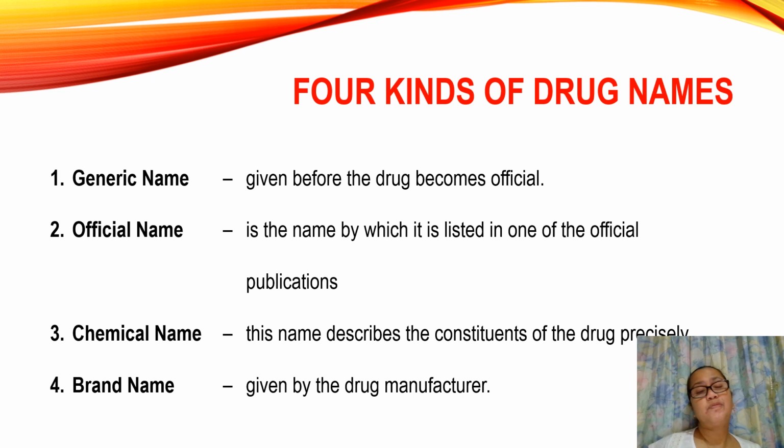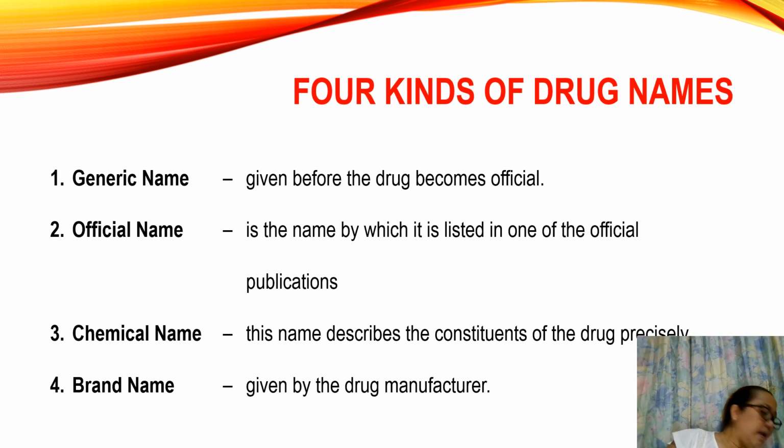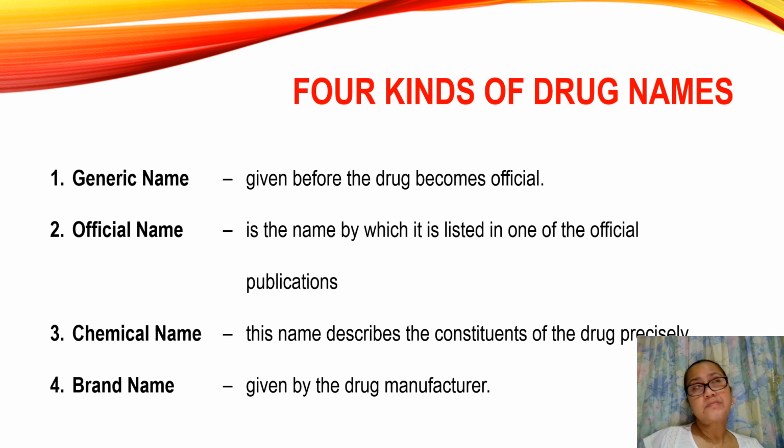The generic is ibuprofen, and the chemical name is also ibuprofen. The official name is similar to the brand name. It is given by the drug manufacturer and is the name by which it is listed in one of the official publications. Brand name, example, Biogesic. What else?